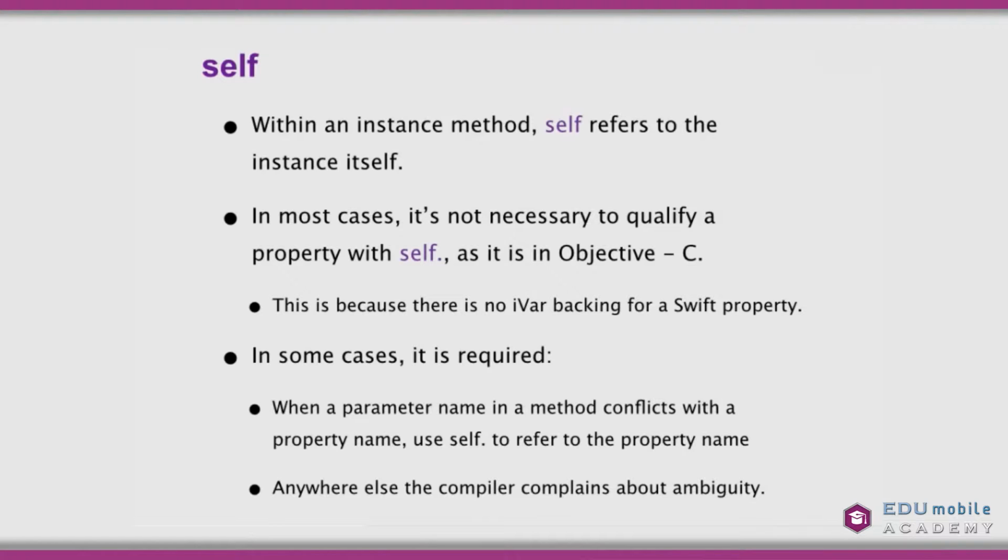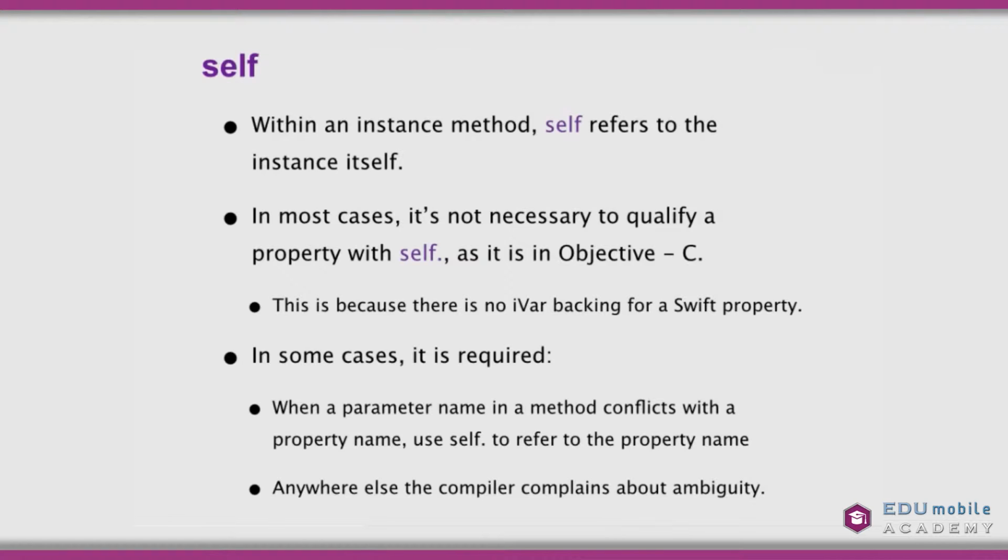Let's say we have a class or a struct that has a stored property called myProperty. In the methods, you don't have to say self.myProperty to distinguish between accessing it through its setter or getter and accessing it by its ivar, because there is no ivar backing in Swift.